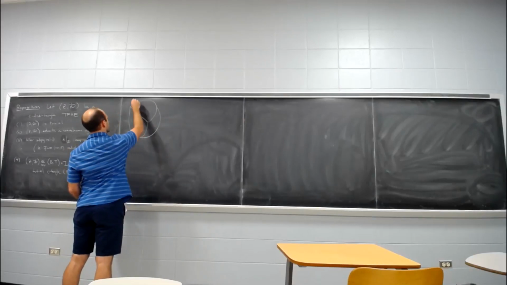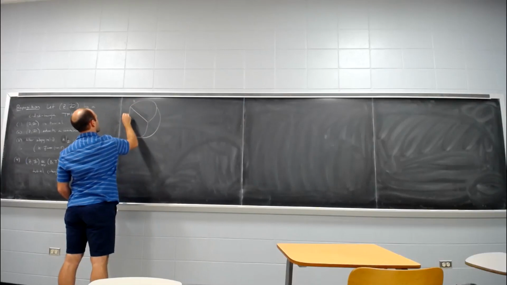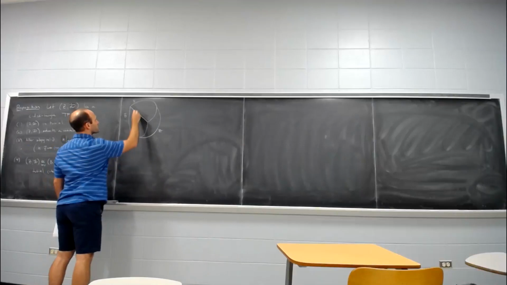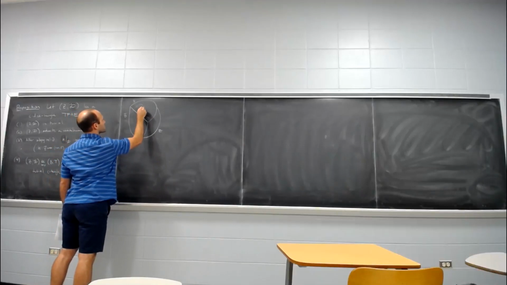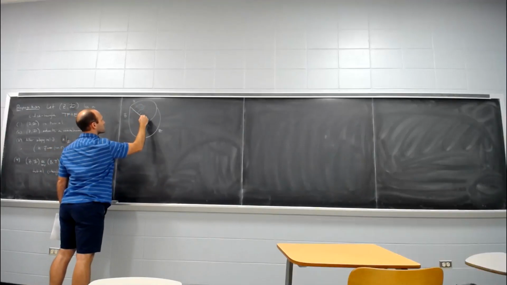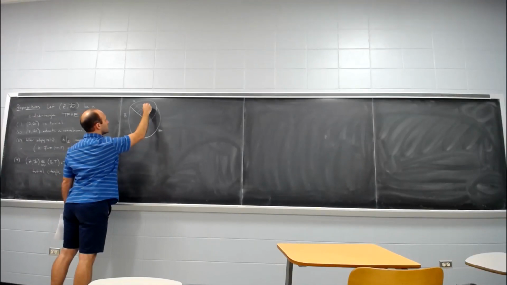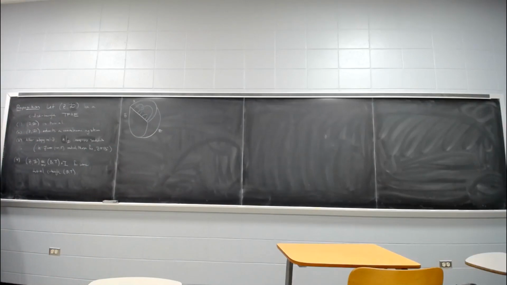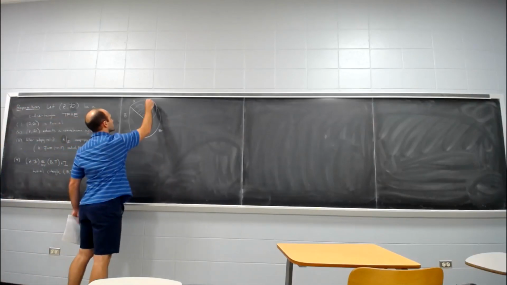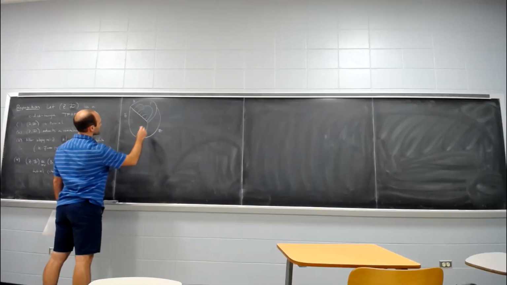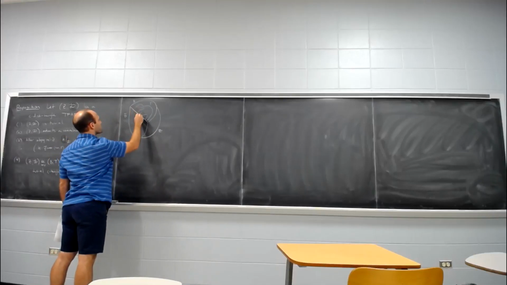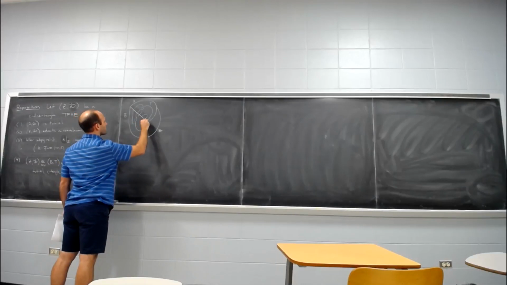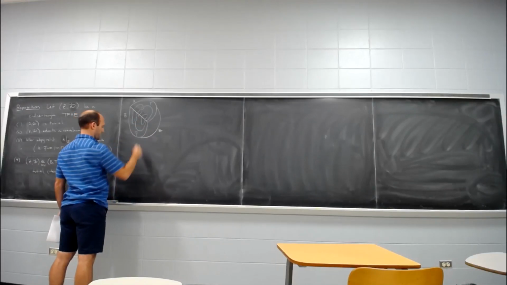Okay, so this is meant to be B, this is meant to be B bar, and this whole thing is meant to be C. So we start with some, maybe I'll even add some crossings just to make it interesting. We start with some trivial tangle there, that's T. And then we cross with I. And so when we cross with I down here, we're going to get T bar.